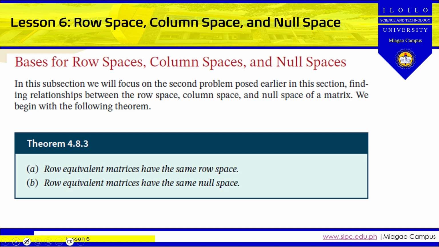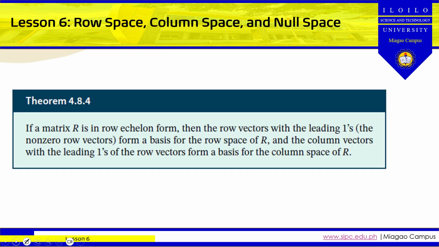Row equivalent matrices have the same null space. So if you have row equivalent matrices, both of them have the same row space and null space.